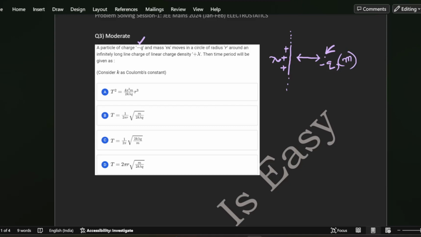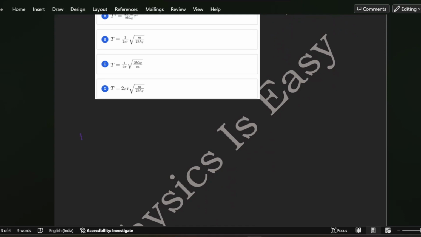We will have to first find out the velocity with which it will be moving, and then we can find everything. Here we will have to find the time period actually. So first of all, what is the force of attraction?